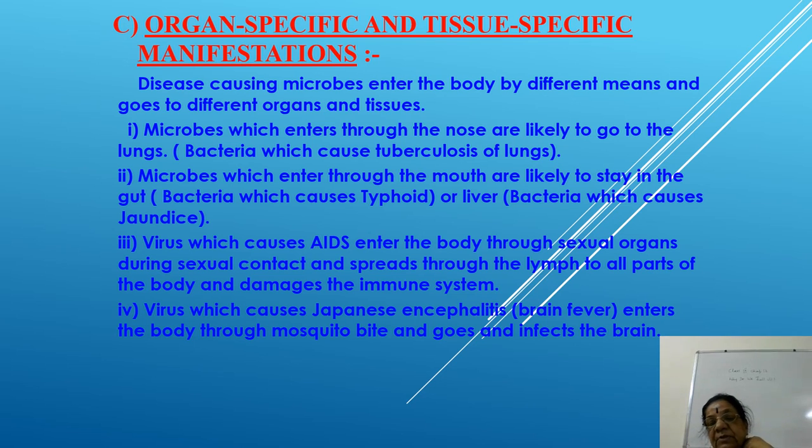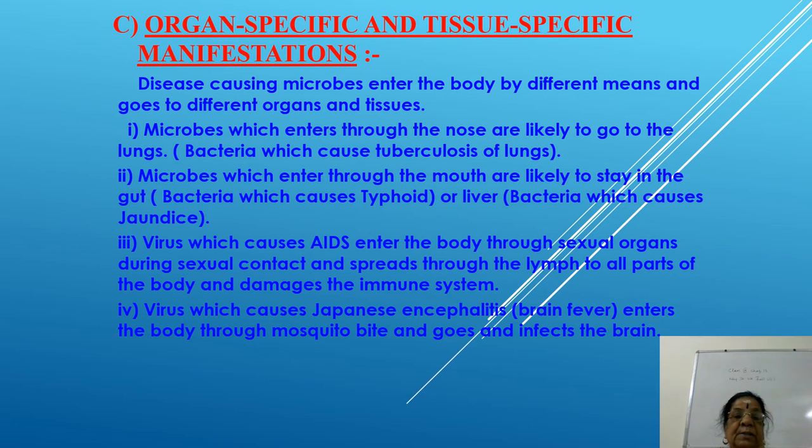And in the liver, the hepatitis virus causes jaundice, when there is excess secretion of bilirubin and biliverdin. I hope you are able to follow. Bilirubin and biliverdin are contents of bile juice.